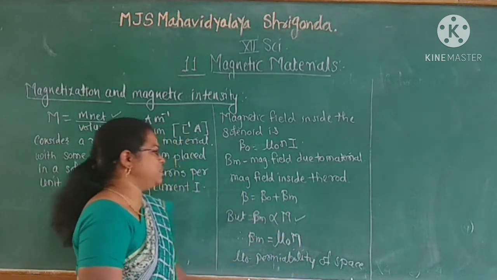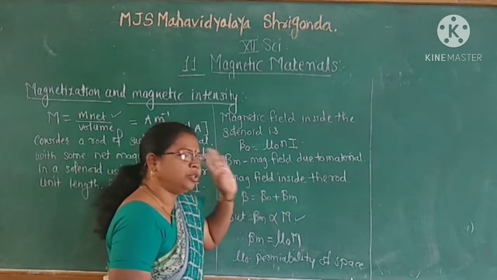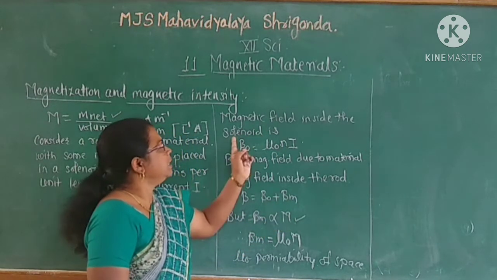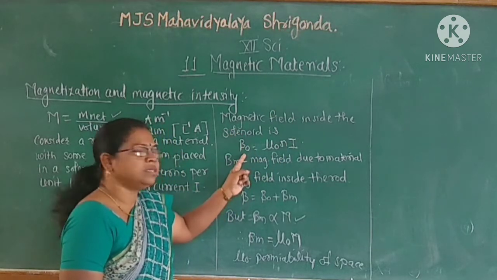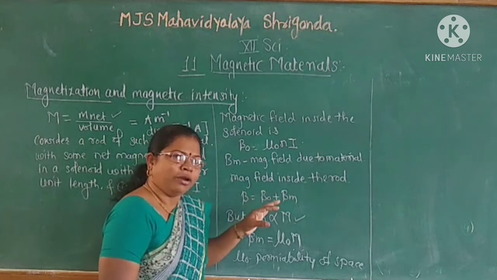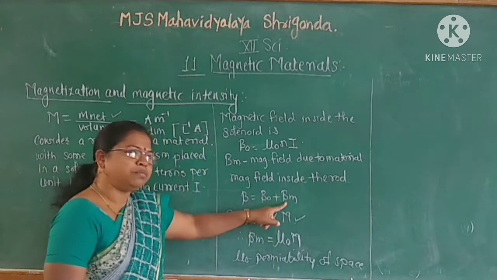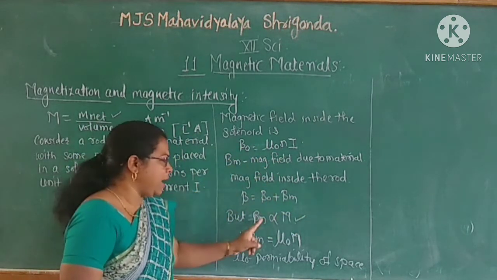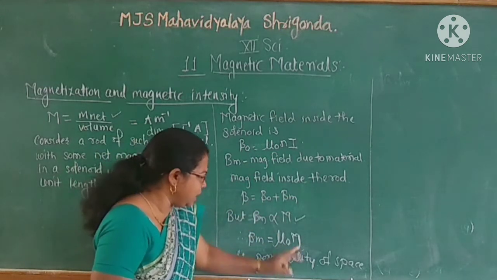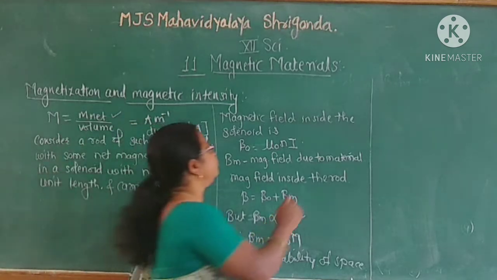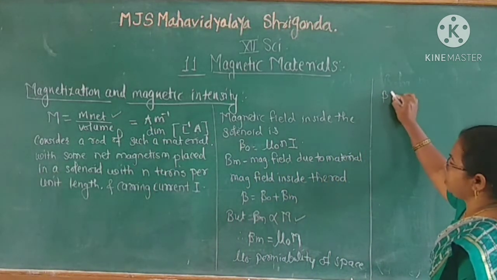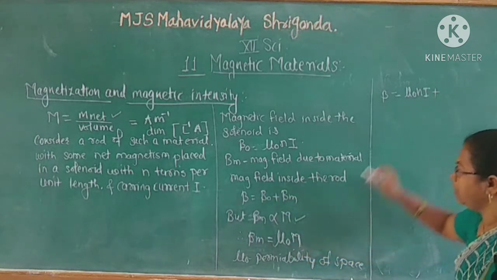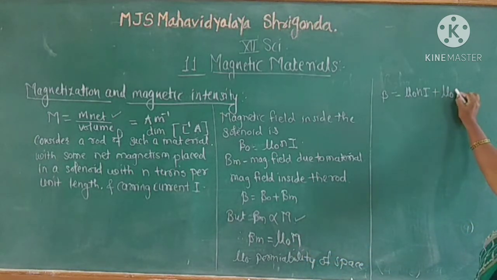The total magnetic field B is equal to B0 plus Bm: the field inside the solenoid plus the field due to the rod kept inside it. Keeping the values, B is equal to mu naught n I plus mu naught M.